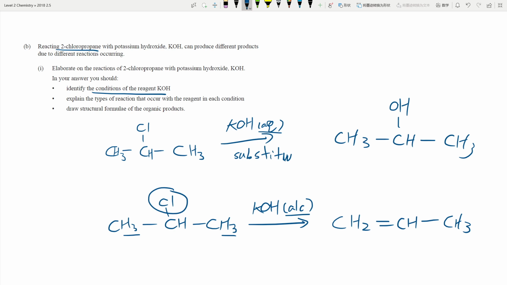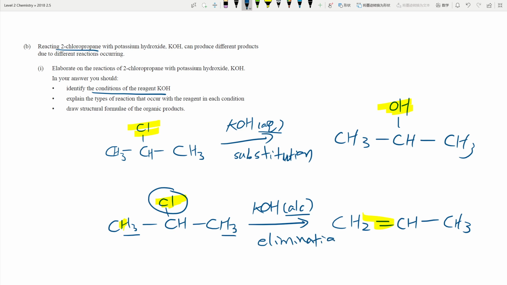I just tell people, try not to memorize everything, try to understand. You can see the Cl is replaced by the OH, whereas for this one, the Cl is lost, this H is lost, and then you make the double bond, which is elimination. Elimination is making a double bond. So this is substitution, this is elimination.